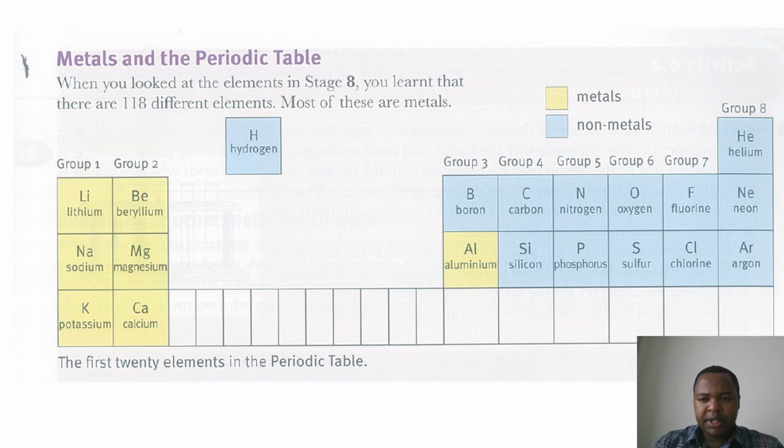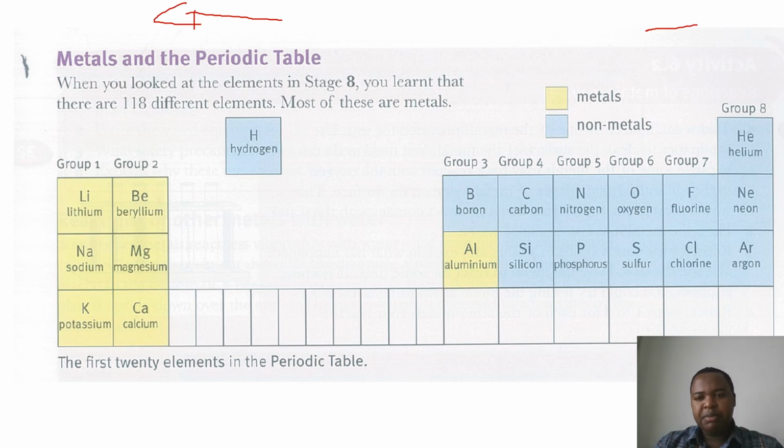In between there is a section for metalloids, which are elements that exhibit properties of both metals and non-metals. I will put in another periodic table which shows that clearly. But we can see here, the metals are on the left side of the periodic table. That is where you find most of the metals.